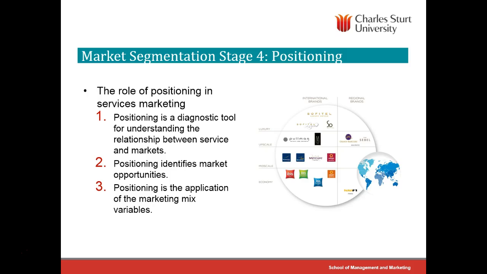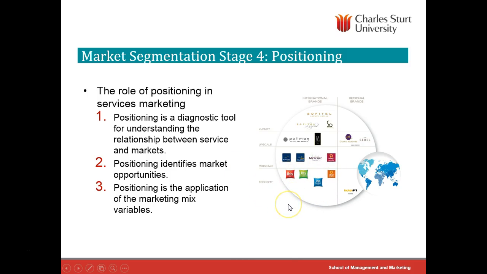Here's an example of, I suppose, hotel brands and how they appeal to different markets. So up the top here, we've got international brands, Sofitel, upscale, Pullman. We have some regional brands such as Siebel over here, some mid-scale brands such as Mercure, and down here we've got some more economy brands.